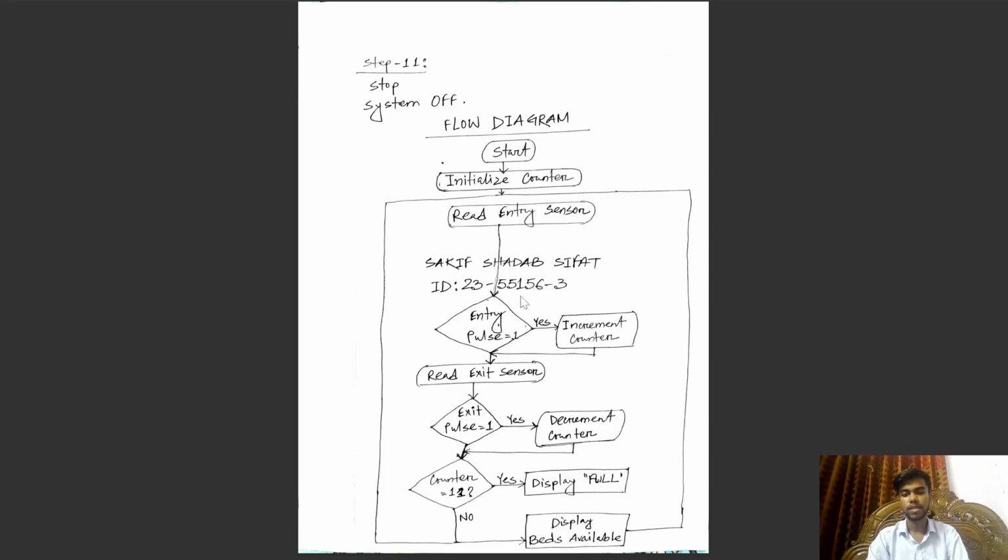If the entry pulse is 1, then yes, increment counter, then it goes to read exit sensor. The exit sensor reads, and if the exit pulse equals 1, then yes, it will decrement the counter. Then it checks whether the counter is full or not. If yes, it displays full, and if no, it displays beds available.